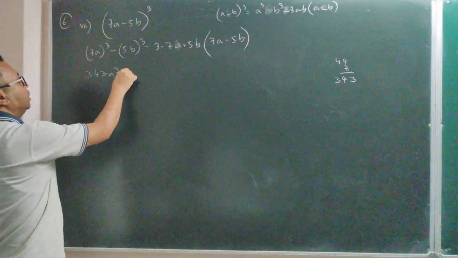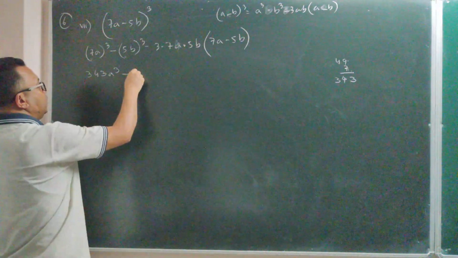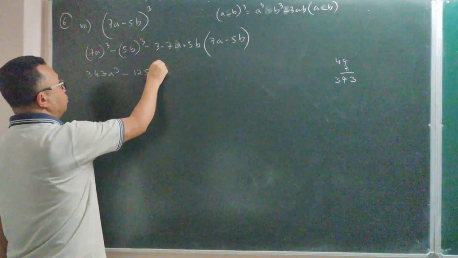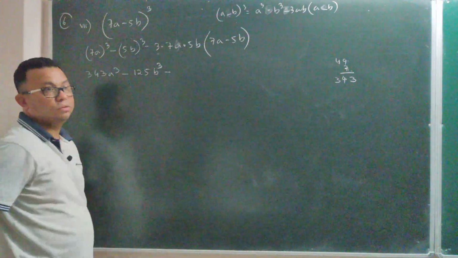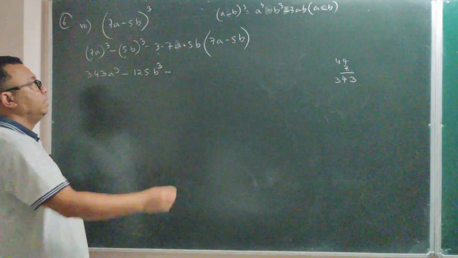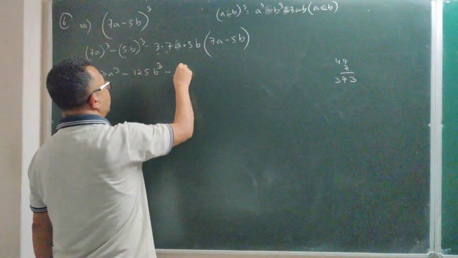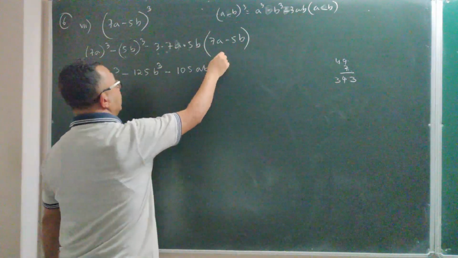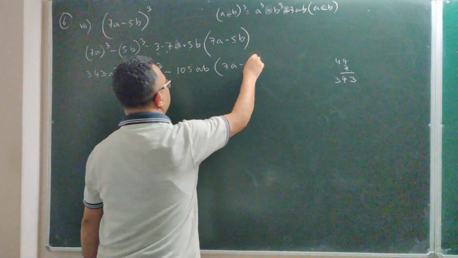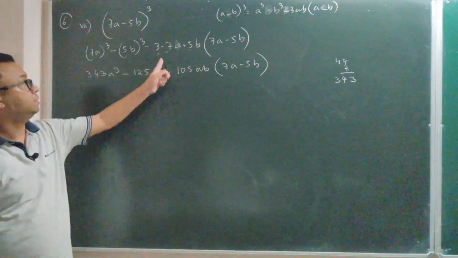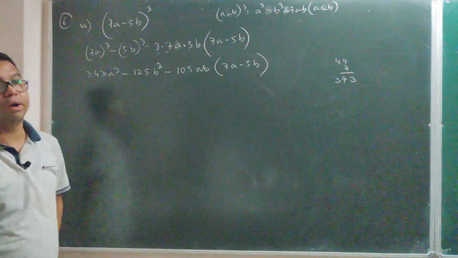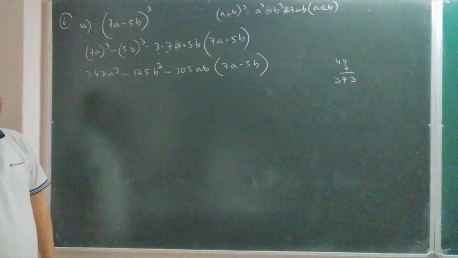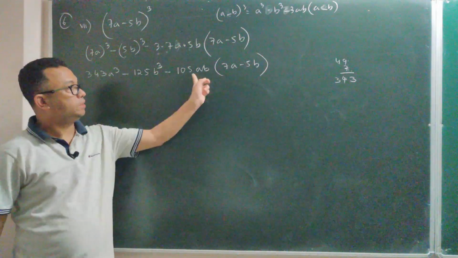Here it is a cube. 5 cube, a little while ago we have done 125 b cube. Then 3 into 7 is 21, and 21 into 5 is 105 ab, and inside you have 7a minus 5b. So yeah, 3, 7, 21, 21 into 5. So 105. Now still a bracket is there, so I have to remove the bracket.